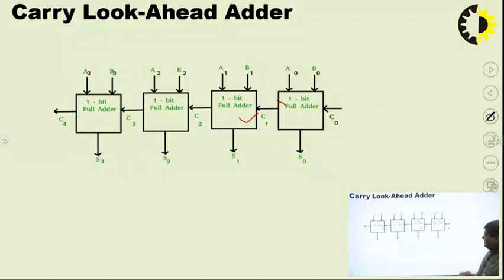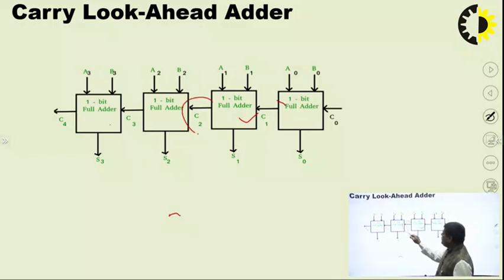Now here, if I calculate the C3 carry in advance, and then we implement the circuit diagram of the C3 carry here, then this full adder has no propagation delay. This is the main concept to design the carry look ahead adder.